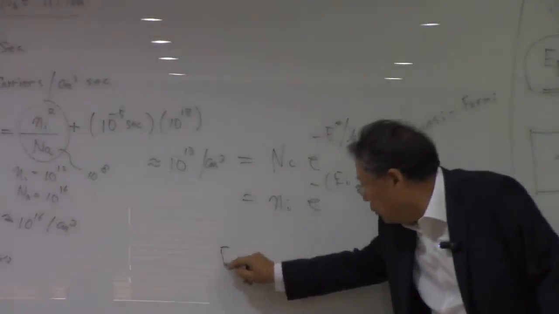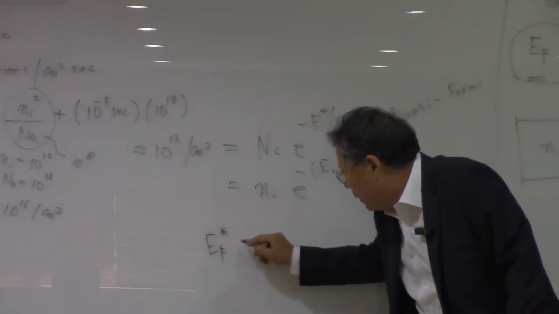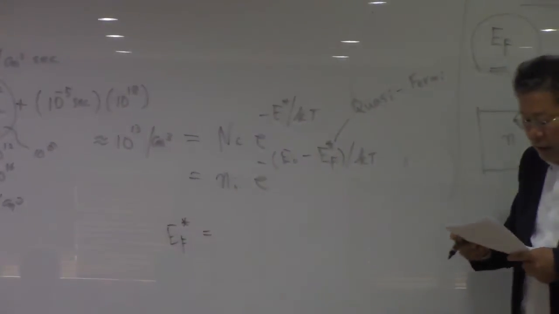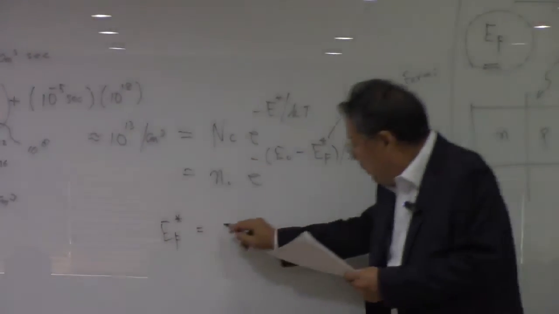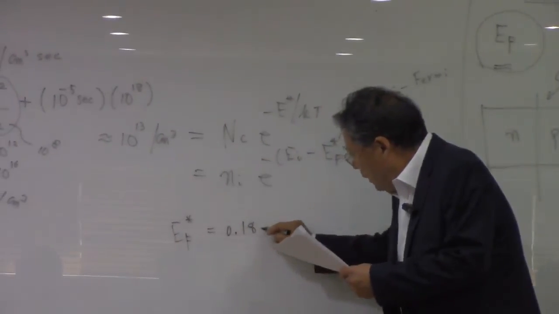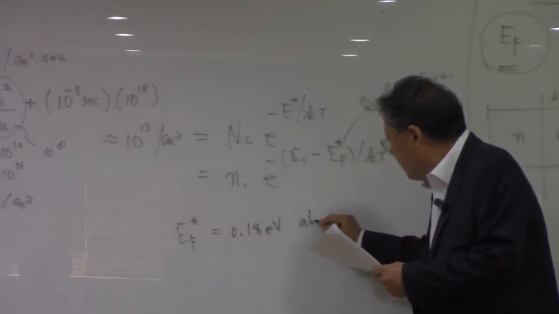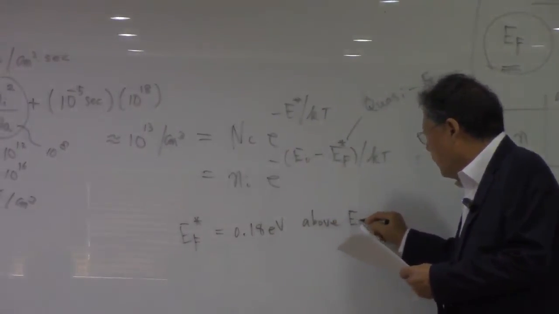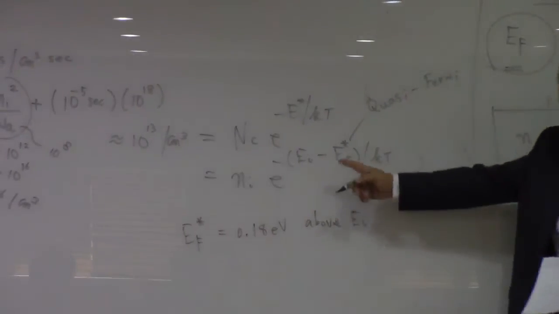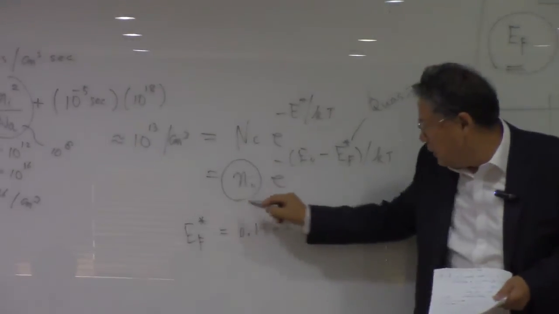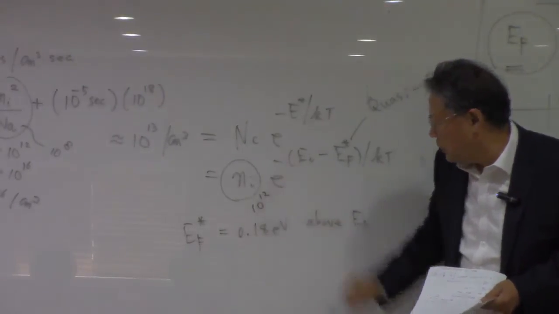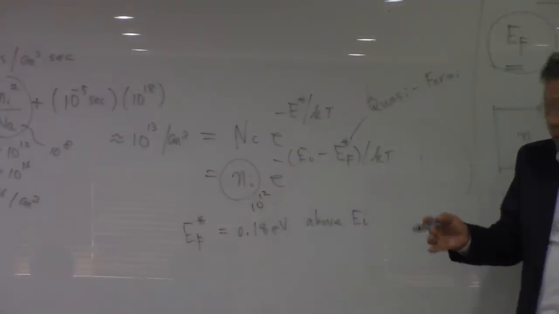So you can deduce from here that the quasi-Fermi energy level is going to be 0.18 electron volts above the intrinsic energy. From this equation, we know this Ni. I told you it's 10 to the 12 something, okay?